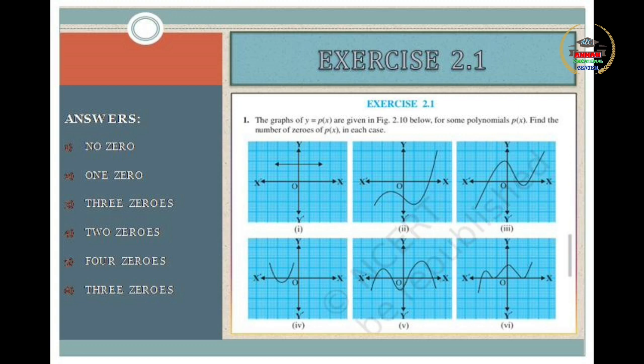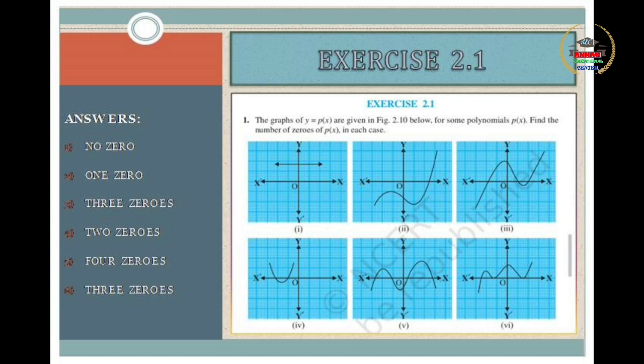In the first graph, the line is not touching the x-axis at any point, so it has no zeros. In the second graph, the curve is touching the x-axis in only one point, so it has 1 zero. In the third graph, it is touching the x-axis in 3 points, so it has 3 zeros.